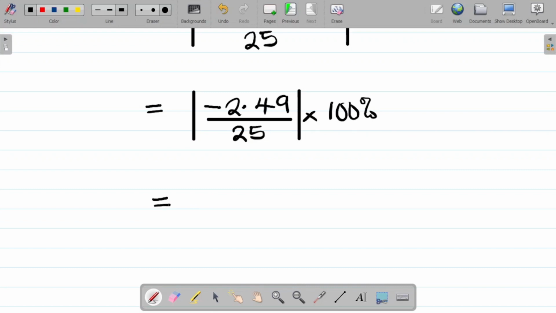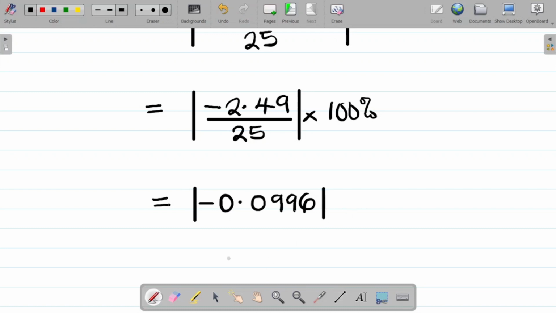So if I punch minus 2.49 divided by 25, I would get about minus 0.0996. This is my value if I punch this. Of course, since it's absolute value, I'll put the bars this way.